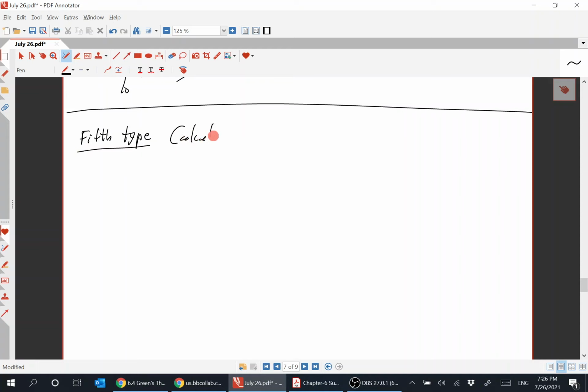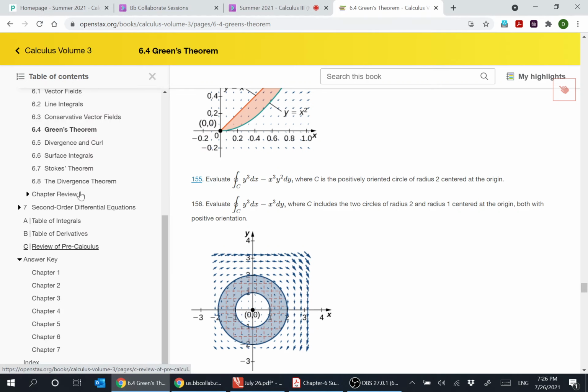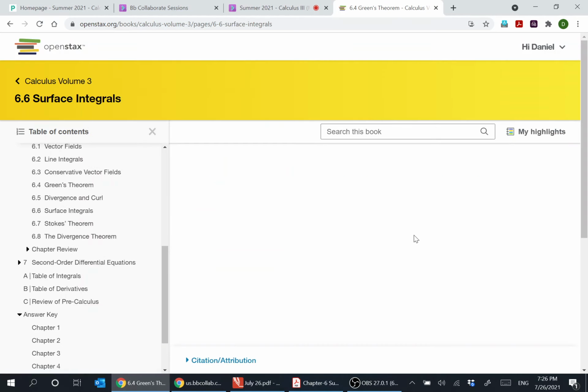So calculate a scalar surface integral. So that's in section 6.6.